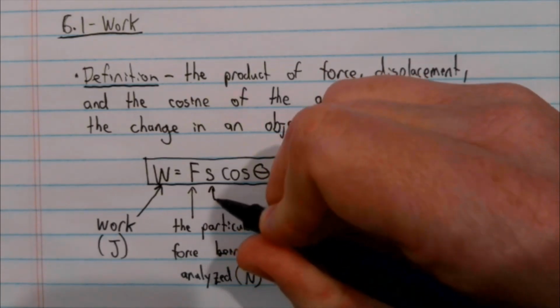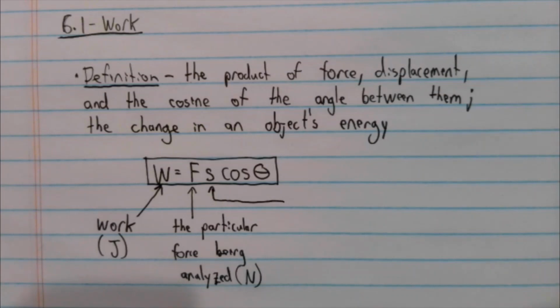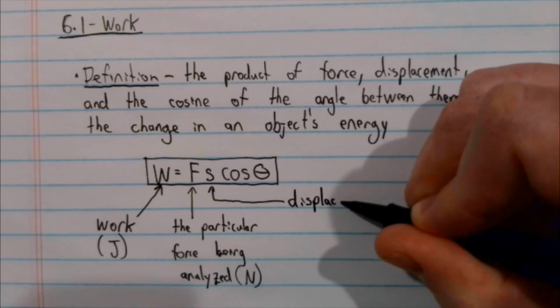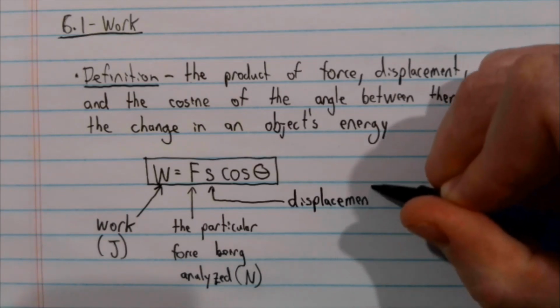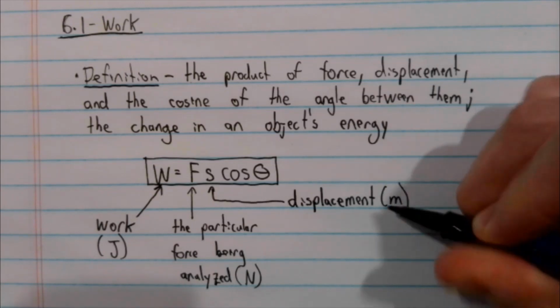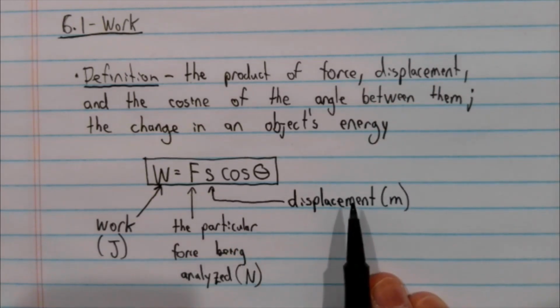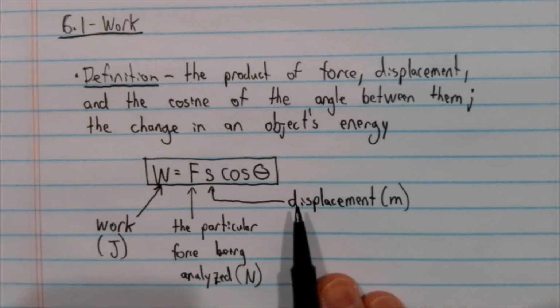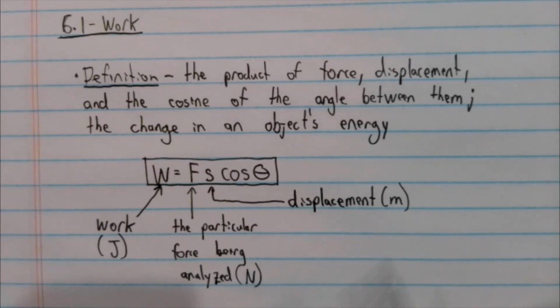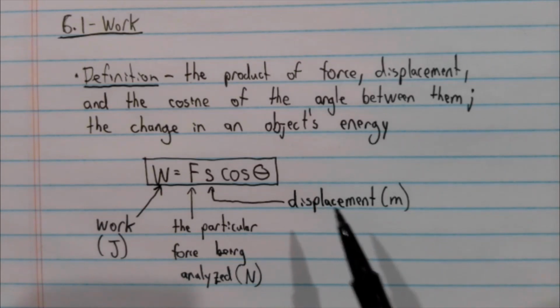Over here at S, we have displacement. S is a weird thing to use for displacement. The reason they use S for displacement is because we're already using D for distance. D is the variable for distance, and we can't use P like we did in chapter 2 because P is also momentum. So that's why we're using S.